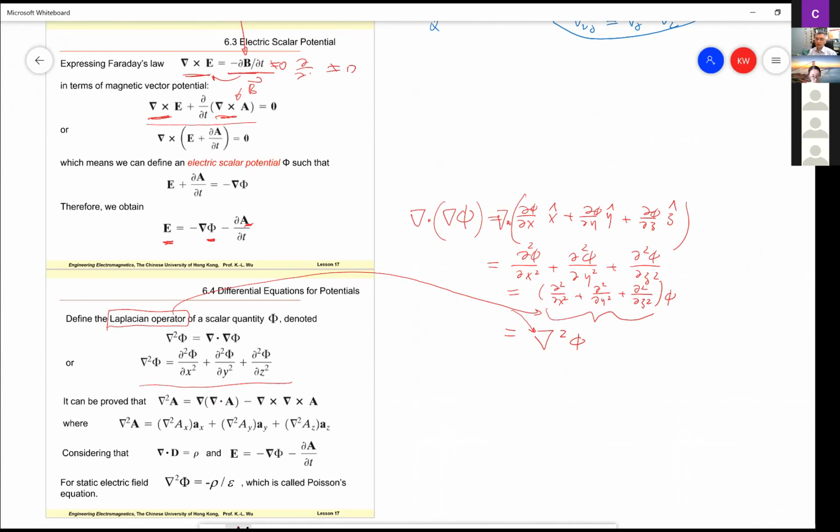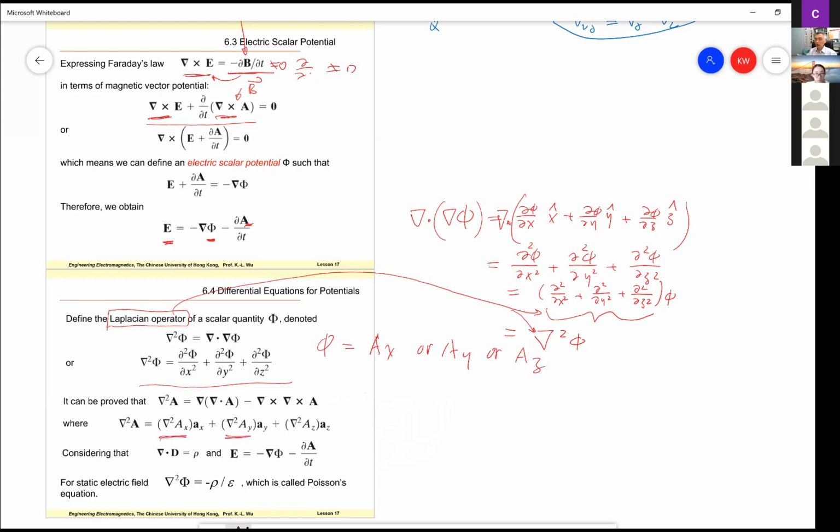If you consider the scalar field to be one of the components of the vector field, say phi is Ax or Ay or Az, then you apply it 3 times.